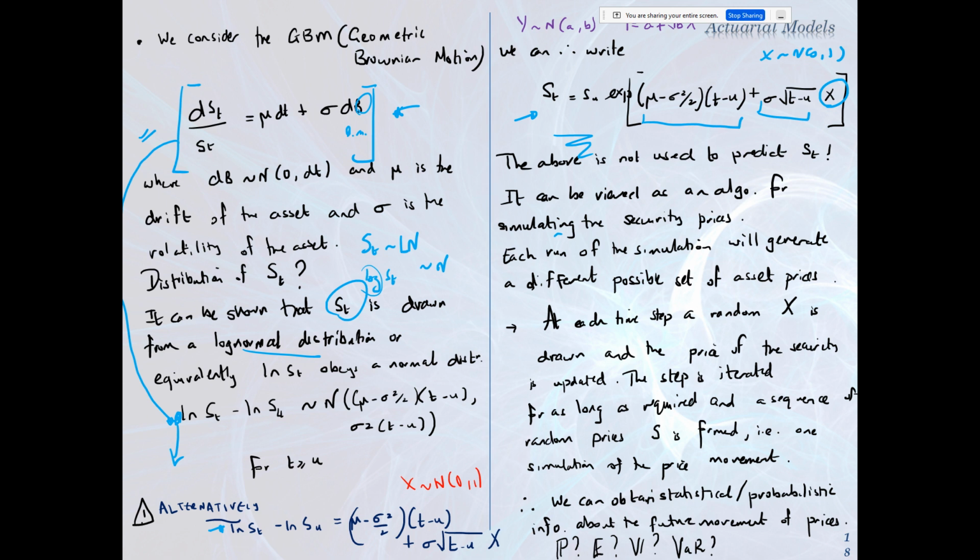I can simulate not only one price, but like 1,000, 10,000, or 100,000 possibilities for the price of S_t. Using this distribution, I am able, for example, to calculate probabilities, expectation, variance, value at risk. These are very important properties of my distribution, which may be calculated using this information here.